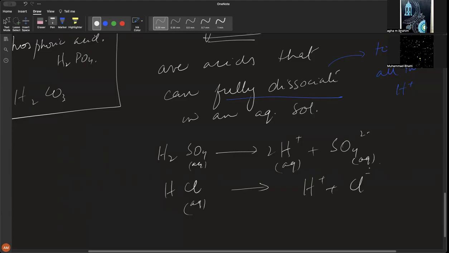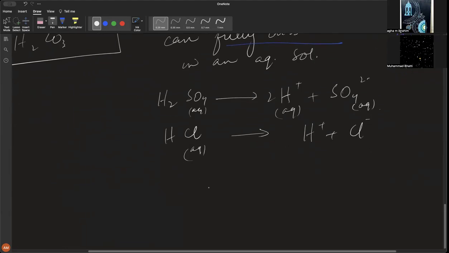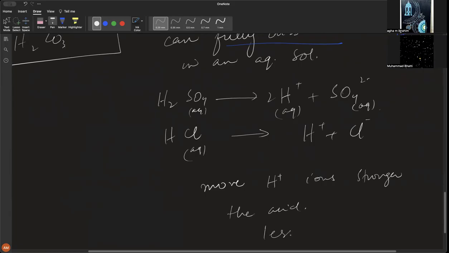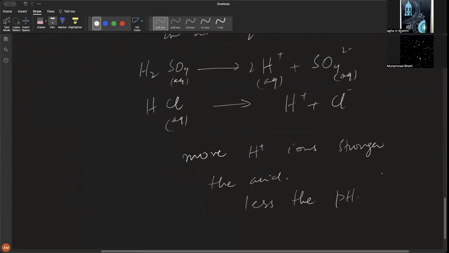They're giving a lot of H positive ions. The more H positive ions, the stronger the acid, and the lower the pH, like between 1, 2, and 3, right? You understand this? Strong acid, weak acid.